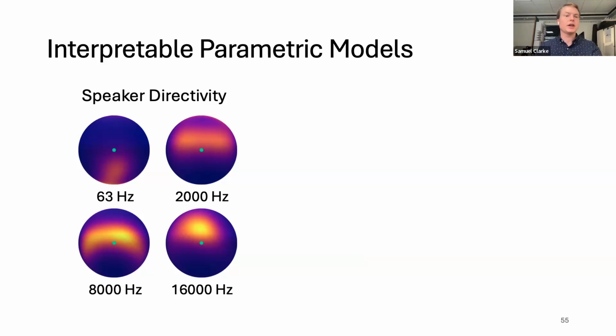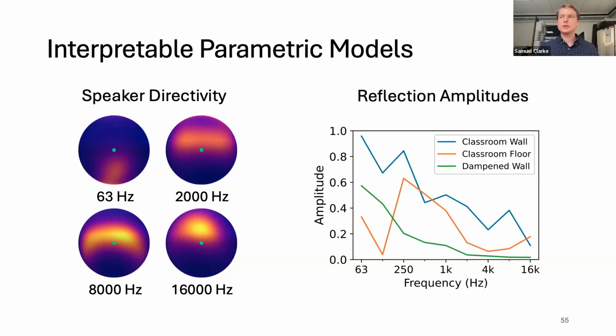And here we show the center frequencies of each of these bands and some example directivities. We also modeled the reflection amplitudes of each wall. Again, this is frequency dependent as well. And so for each wall, we essentially had a vector of 32 center frequencies of different frequency bands and modeled the amplitude of the reflection of that specific wall or surface.